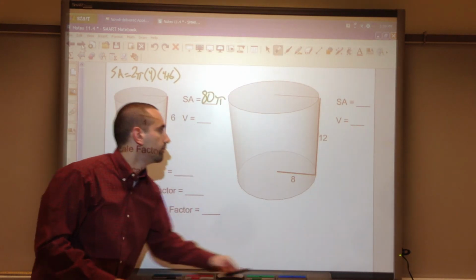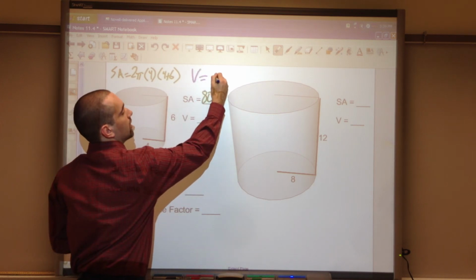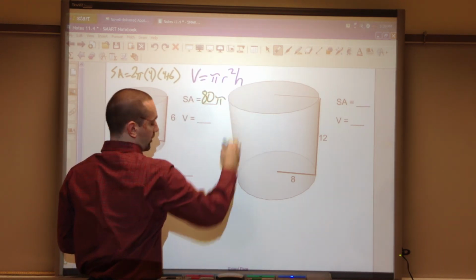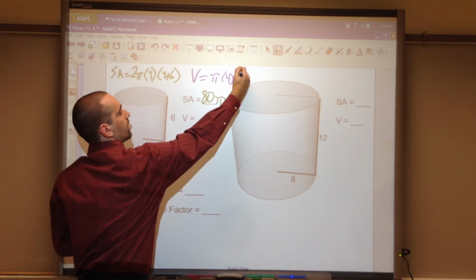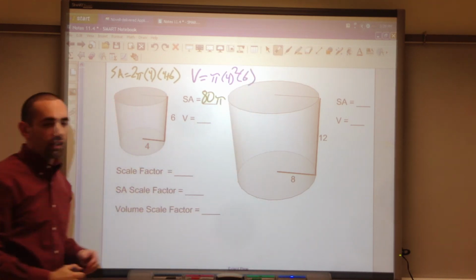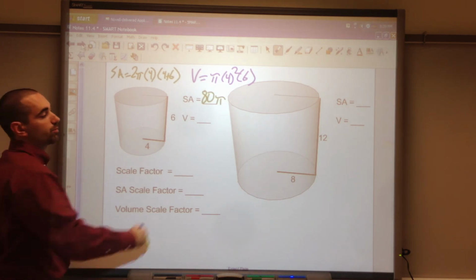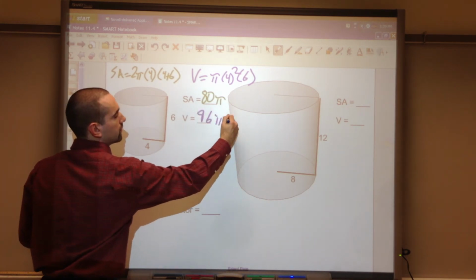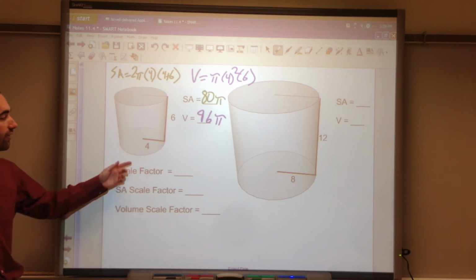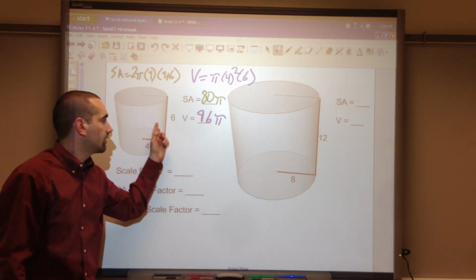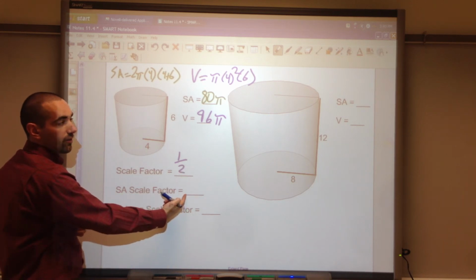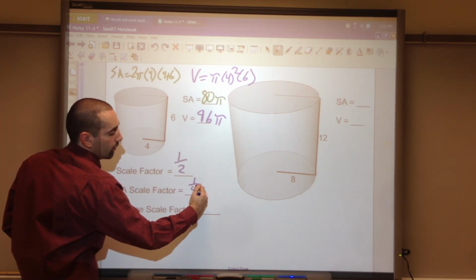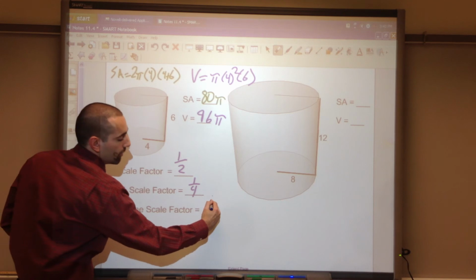Volume, pi r squared h. So 4 squared times the height, and I get the volume is 96 pi. My ratio, my scale factor, 4, 8, 6, 12, is 1/2. So my surface area, square it, 1/4, volume, cube it, 1/8.